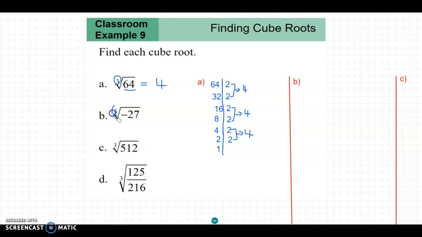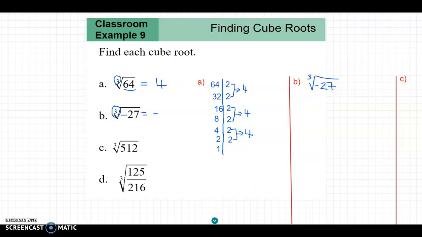But when we have an odd index like this, like 3, the result can actually be negative. All right, so let's find it here. We are going to do the prime factorization to find the cubic root of minus 27.